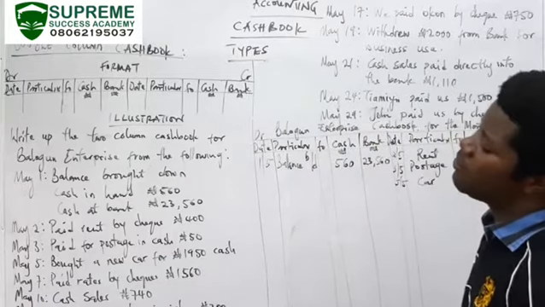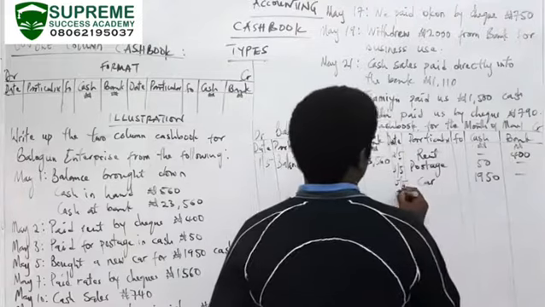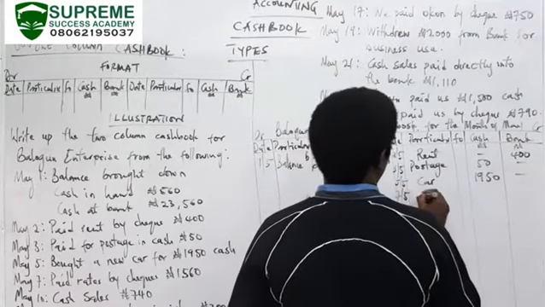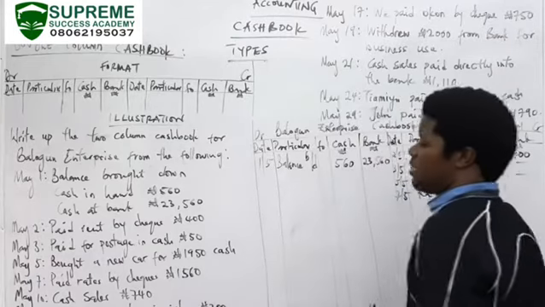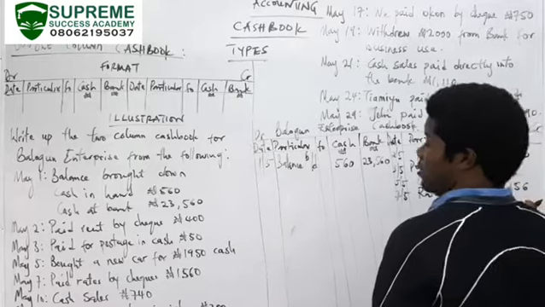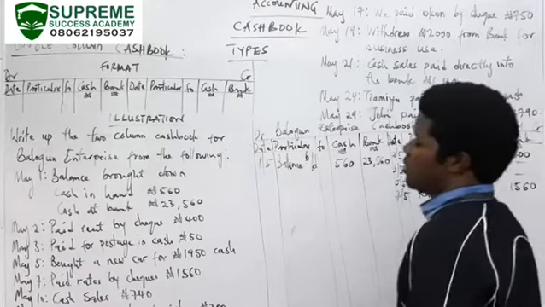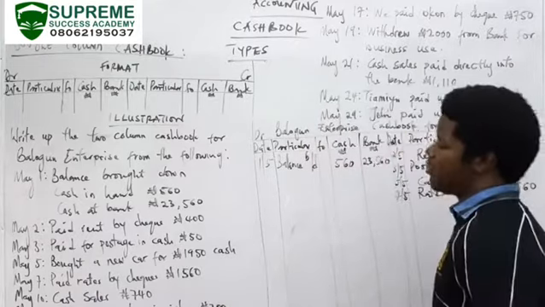Then on the 7th of May, paid rates by check, and the amount is 1,560.